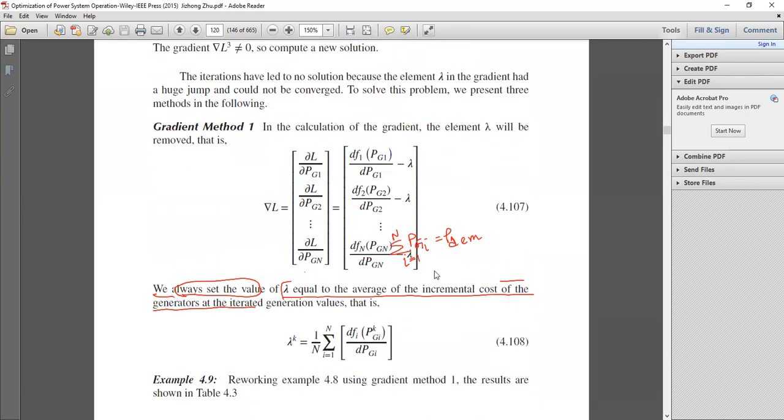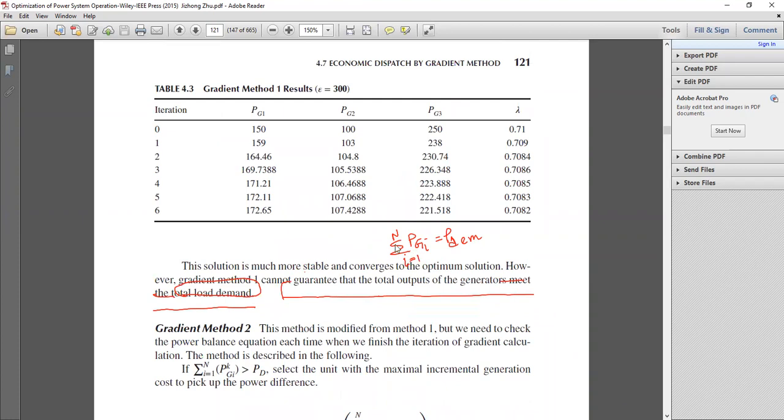So it is not guaranteed that you will satisfy this equality constraint. The solution will converge, you will get lambda, pg1, pg2, pg3, but there might be some imbalance in the equality constraint. This is the drawback. Is the drawback clear? And why it is coming like this?